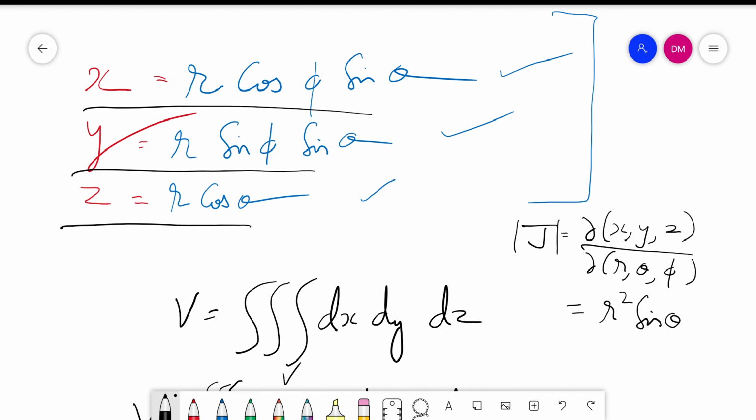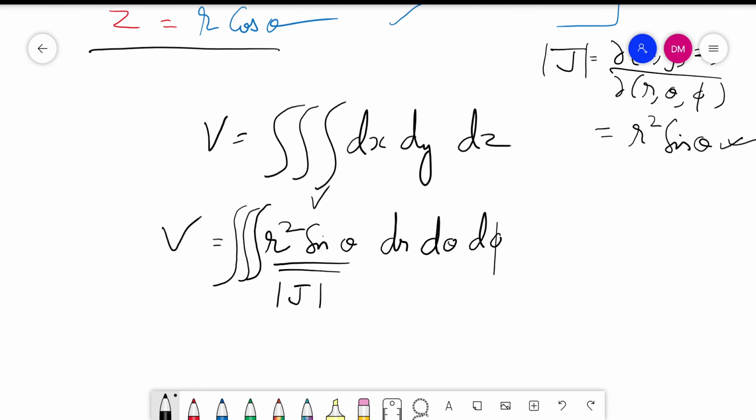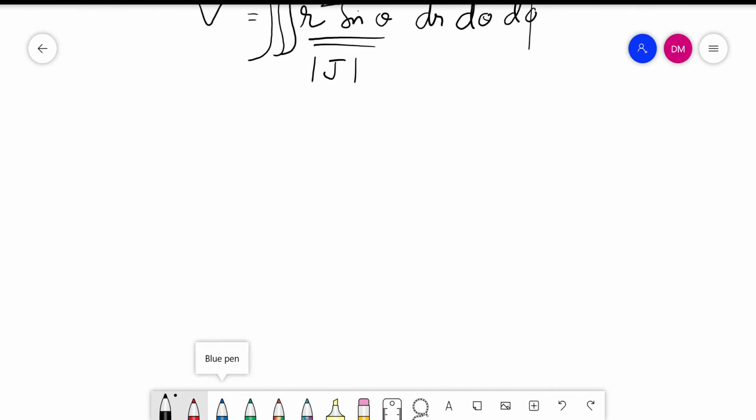You can also verify this on your own. So this was the basic concept of spherical polar coordinates.